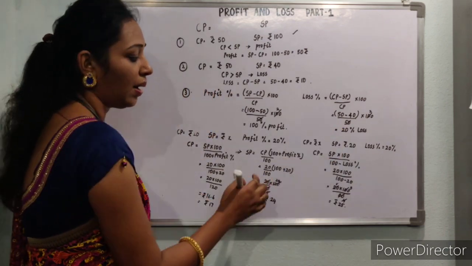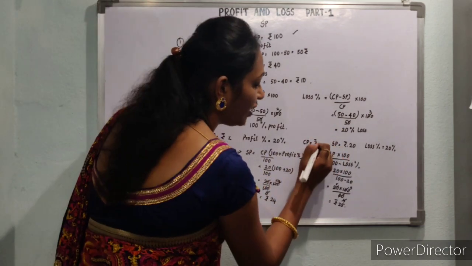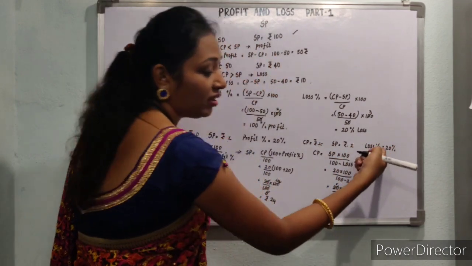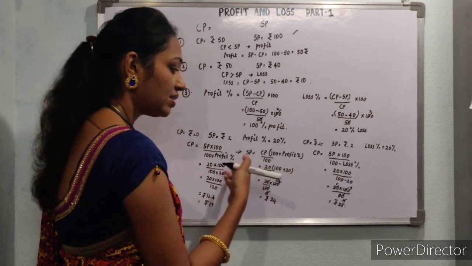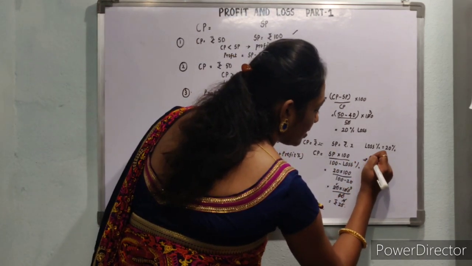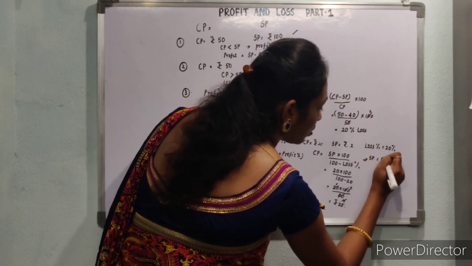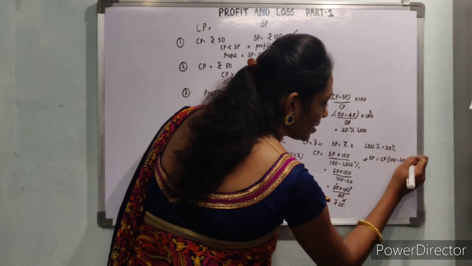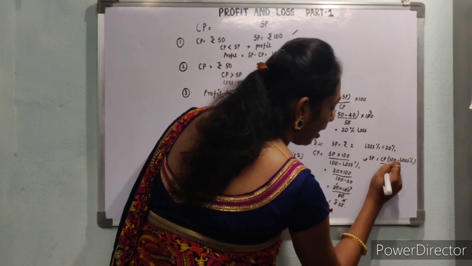The same thing can be applied here. The cost price they have given as 20 rupees, selling price we don't know, and if they are asking for loss percentage, same formula. From this we can take selling price equal to cost price into 100 minus loss percentage divided by 100.